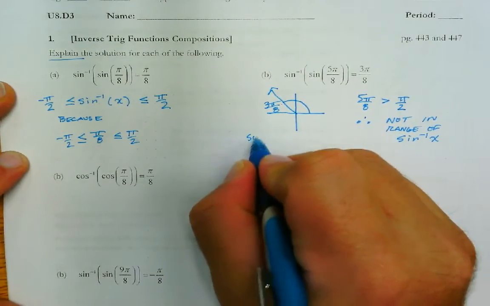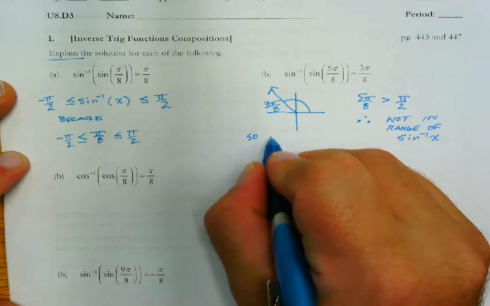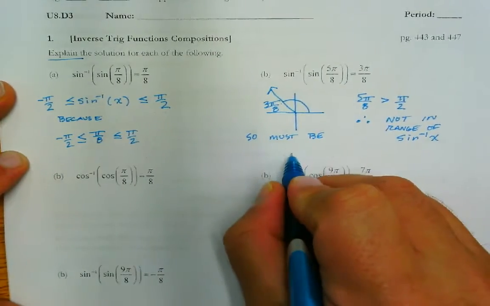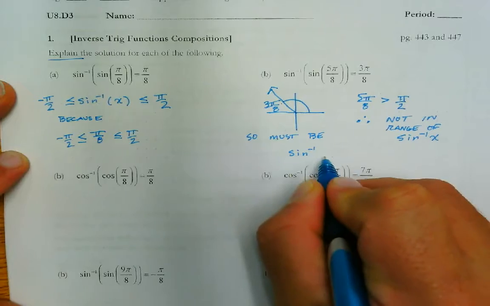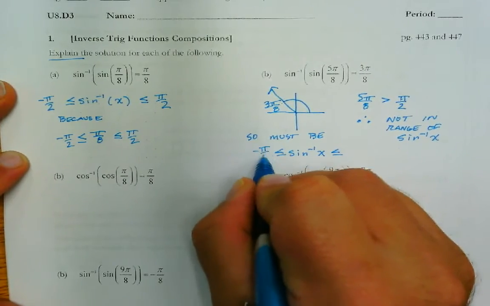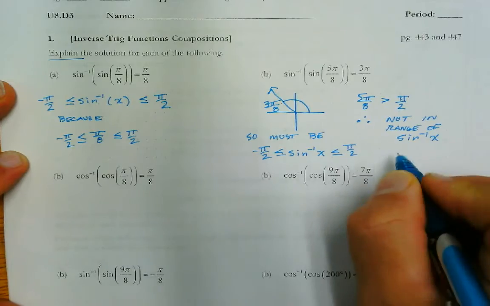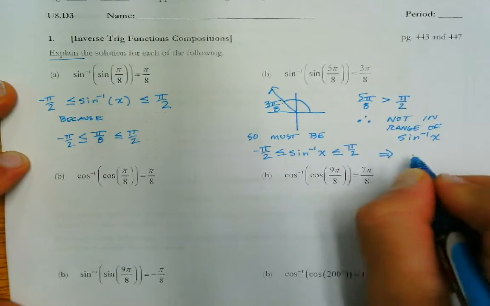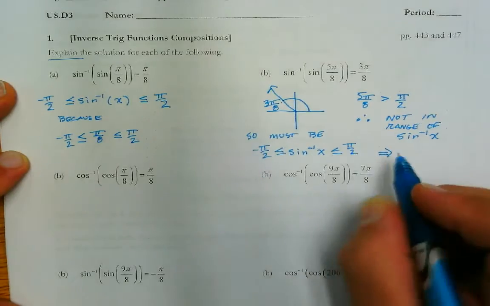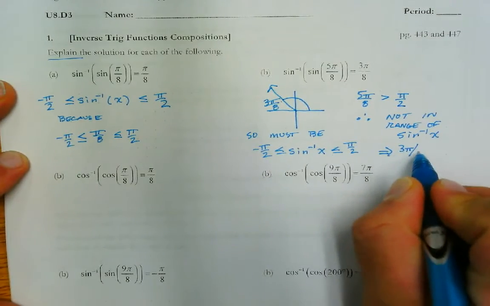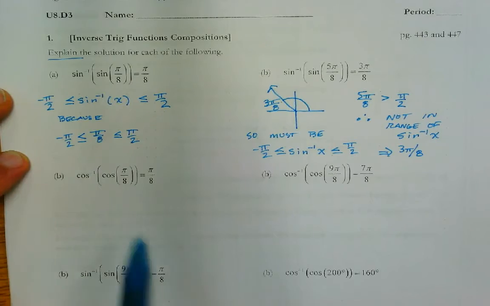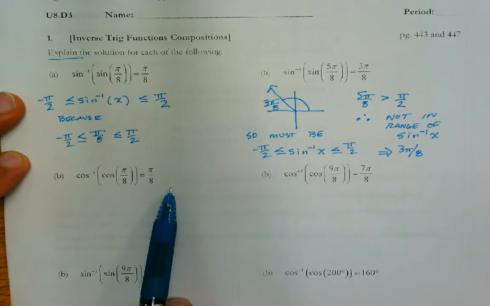So we must be with the inverse sine between negative pi over 2 and pi over 2, which implies it's going to be this reference angle for us, which is 3 pi over 8. With cosine, it's going to be a bit different.